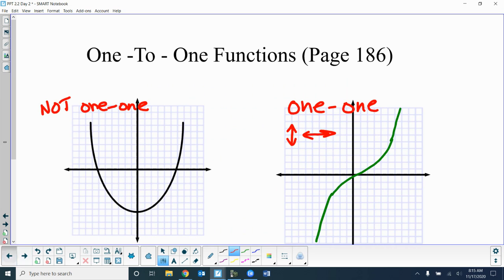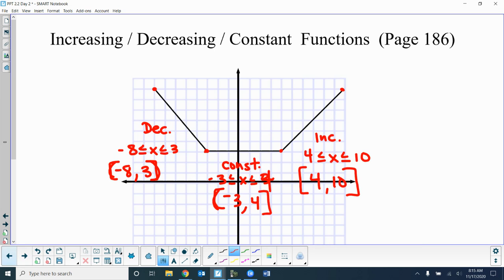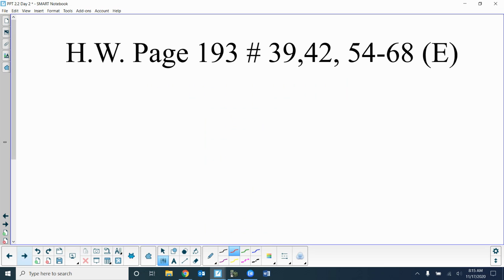Some increasing, decreasing. So just tell, it probably will ask you that for the domain, remember the x values for when it's increasing or decreasing or stuff like that. All right, so there you go. Pretty quick and easy today. You got 15 minutes, you might be able to get done. It's really not that hard. Any questions?